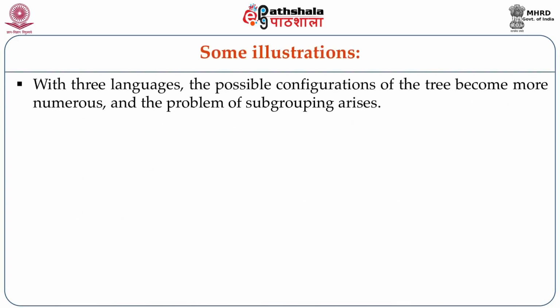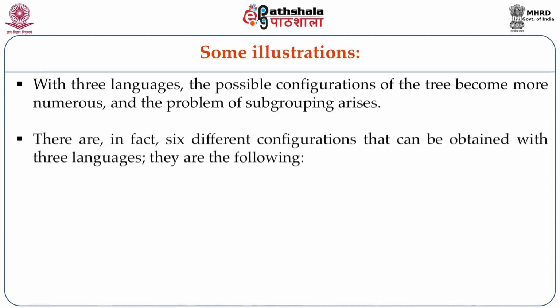So, when the number of languages increases, suppose one more language is added to 2, that means if you have 3 languages, the possible configurations of the tree become more numerous and the problem of subgrouping arises. There are in fact 6 different configurations that can be obtained with 3 languages.